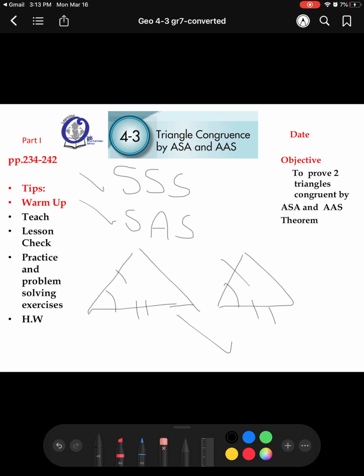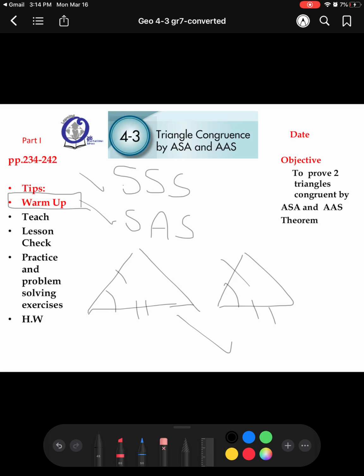Now the objective of today's lesson is to prove that two triangles are congruent by new postulates, which are ASA and AAS. I think you're able to guess what the meaning of ASA and AAS is. The warm-up for this lesson was to revise the SSS and SAS and brainstorm the meaning of ASA. Yes, correct.